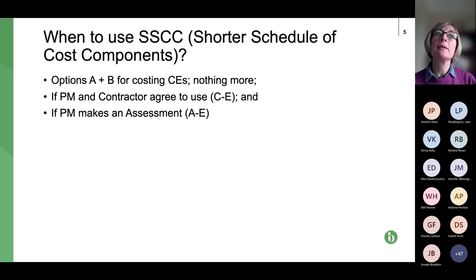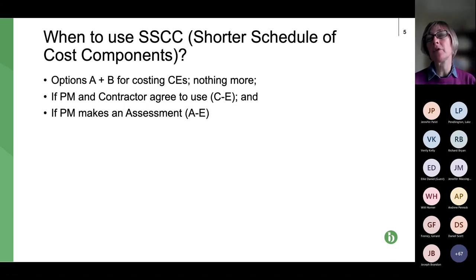Now, bear in mind with those last two bullet points, that under NEC 4, there've been changes. So the middle option isn't available now under NEC 4.